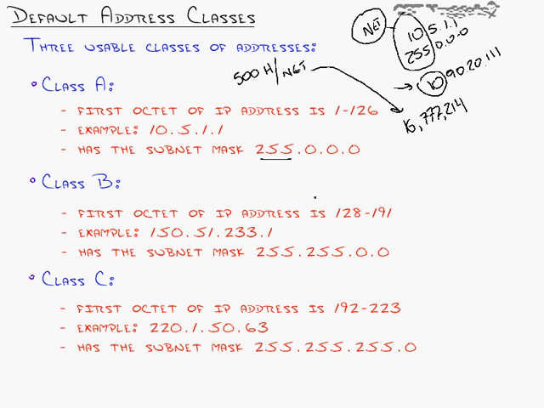Class B networks are networks that have subnet masks of 255.255.0.0. For example, you can see right there 150.51. Why do I rewrite the example that I just wrote a moment ago? Right there, 150.51.233.1. This represents the network. This represents the host. So we have two octets for the host.